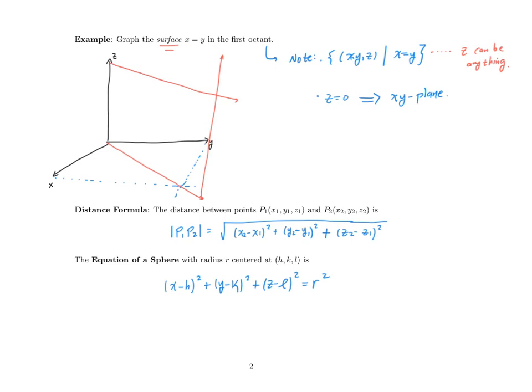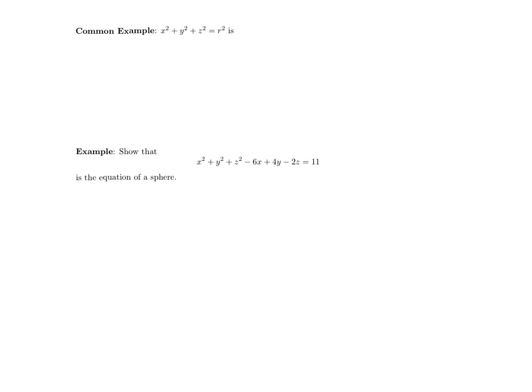And let's go ahead and investigate a very common example. The most common example of a sphere that we will see is one of the form given here: x squared plus y squared plus z squared equals r squared.